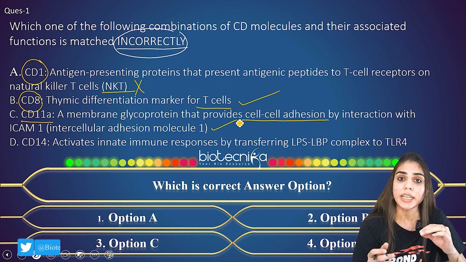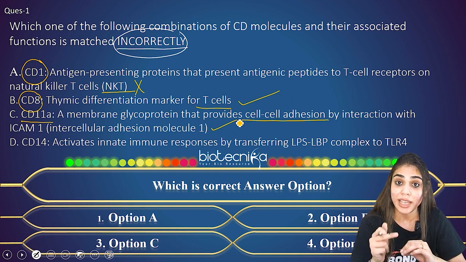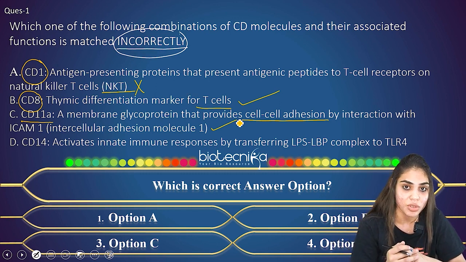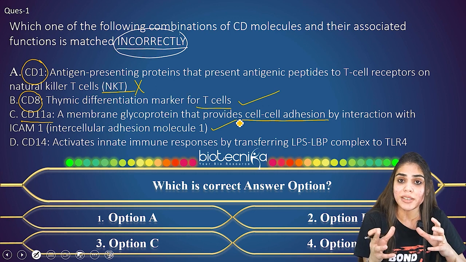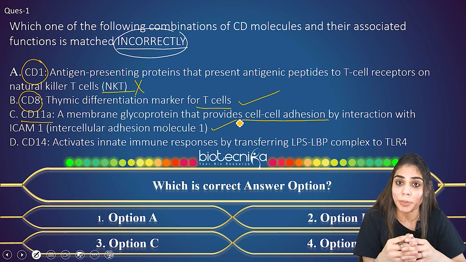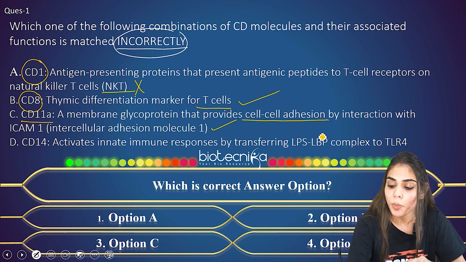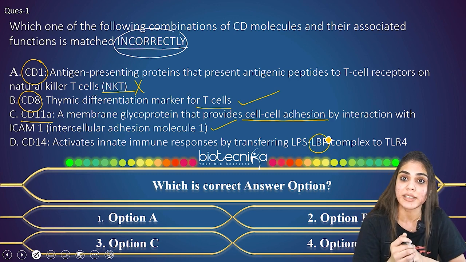Once the gram-negative bacteria enter inside the cell, that is identified by TLR4 of the innate immune system. And how does LPS bind to TLR4? It is because of CD14 as well as lipopolysaccharide binding protein, that is LBP.